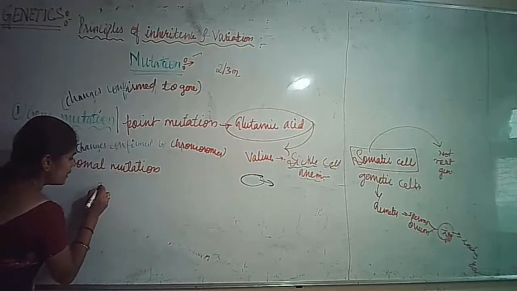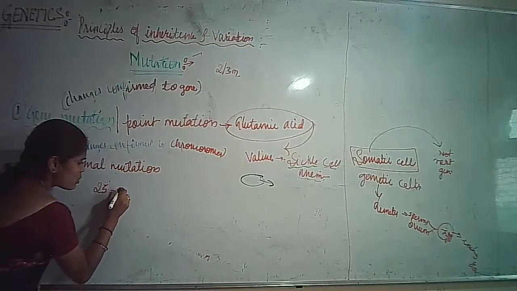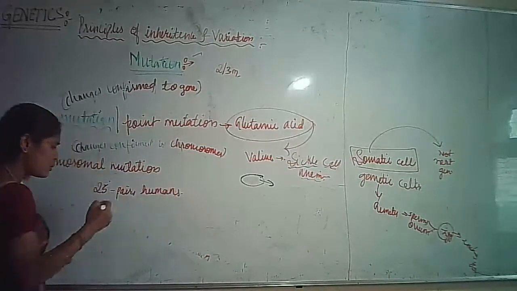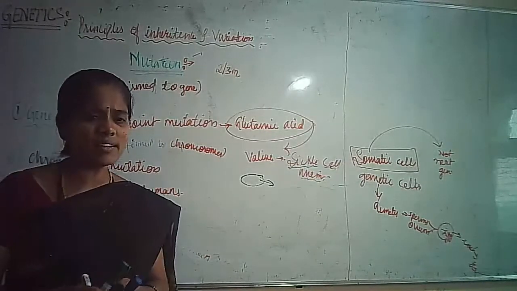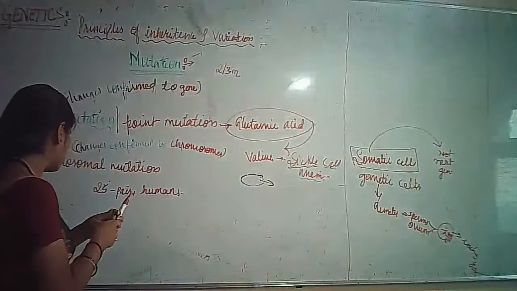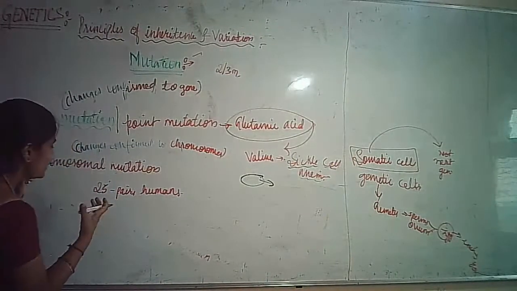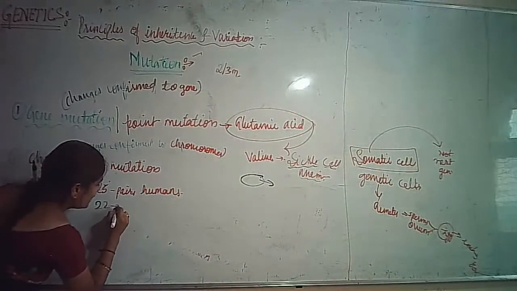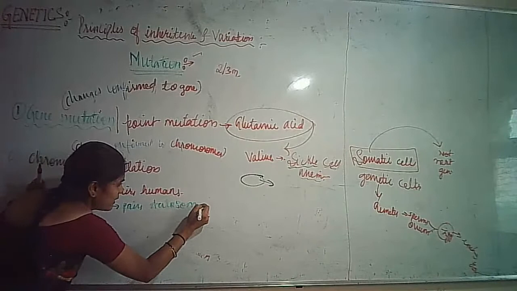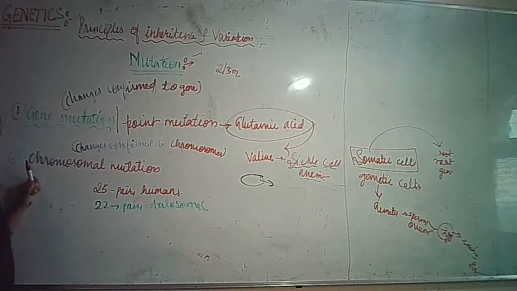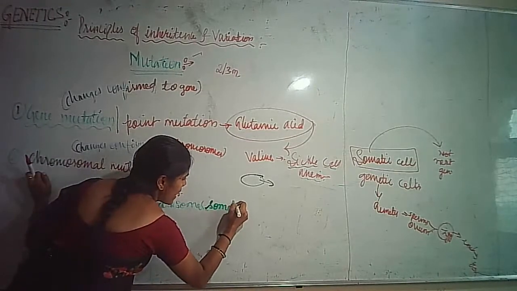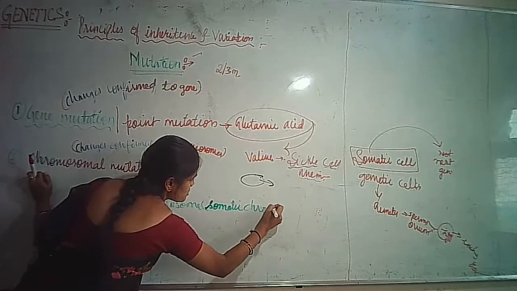For example, we find 23 pairs of chromosomes in human beings. My dear students, if you see human chromosomes, only 23 pairs of chromosomes are there. Of these, 22 pairs are autosomes. They are responsible for our body characters, so they are called somatic chromosomes.